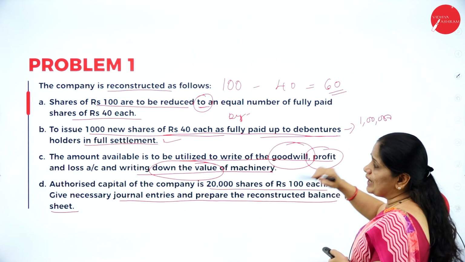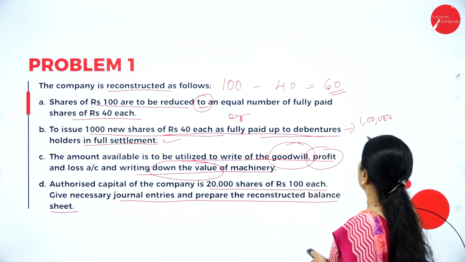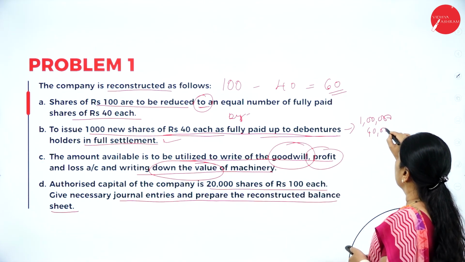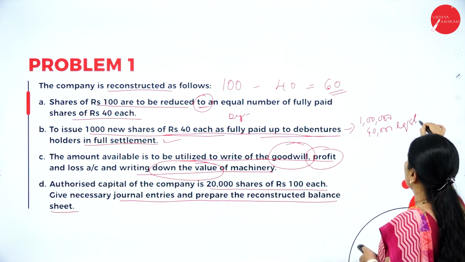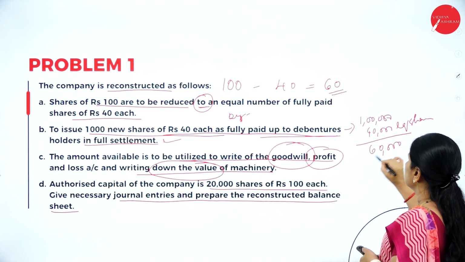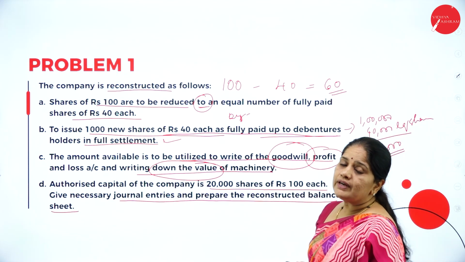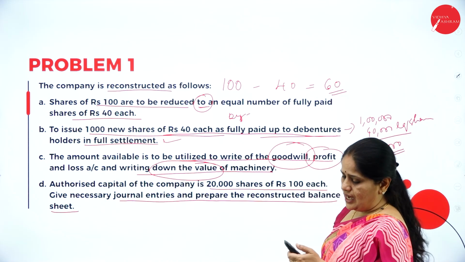And what are you paying here? You are paying 40 into 1,000, 40,000, in equity shares only. So what is the difference amount? 60,000. This difference of 60,000 will go to the reconstruction account.